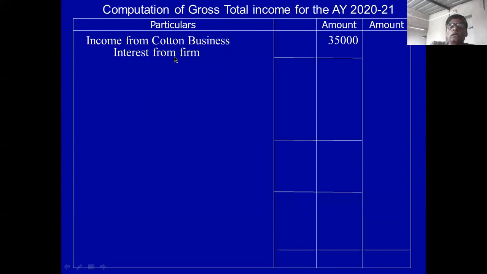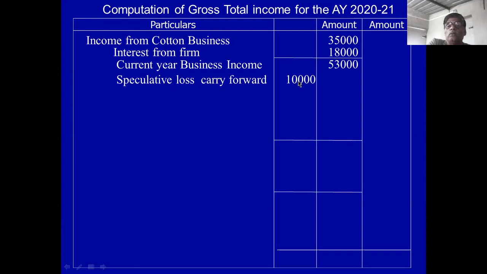Interest from partnership firm: you write this as interest from partnership firm, then you will remember it. Don't simply write interest on firm. It is a business income, 18,000. Totally 53,000. Okay, this is the income from business, current year business.